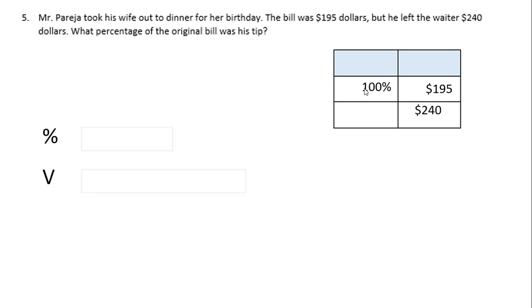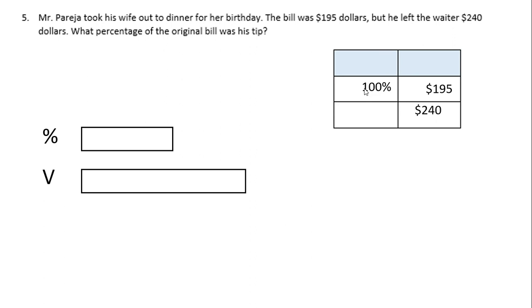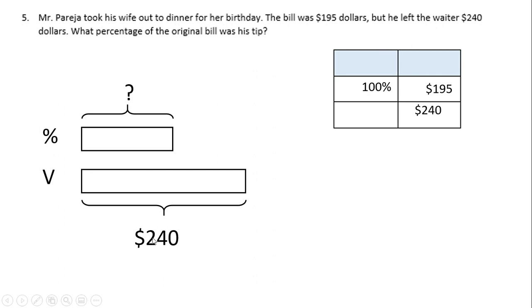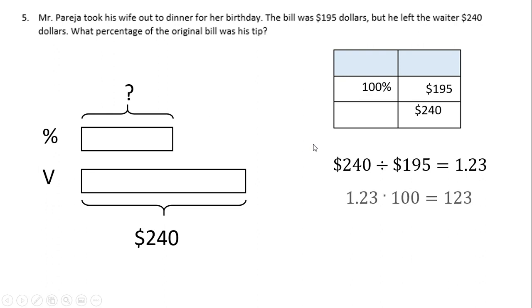Setting up our model with a ratio of 100 groups to 195 groups. We know the value, not the percent. And again, we're going to divide the value of 240 into 195 groups. And then take that answer and multiply it by 100.